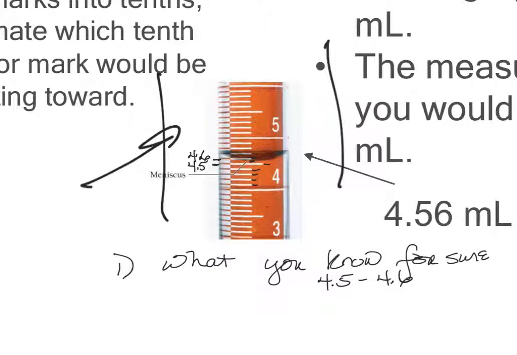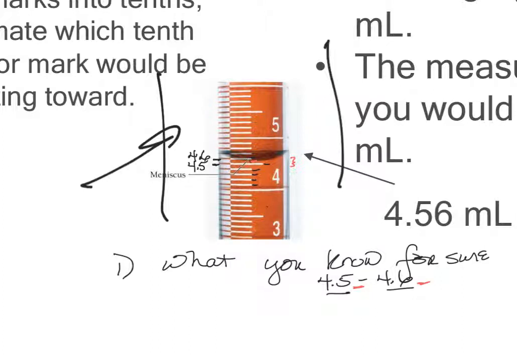Okay. When you determine the number of digits that you know for certain, you're going to add one more digit to the far right. So you're going to add one more digit here, and that is going to be the digit in the measured value that has some uncertainty. And so that's going to vary depending on the person who's measuring it. So now what you want to do is you want to look back in between those increments you've decided it's in between, and you want to estimate where the bottom of that meniscus lies relative to those two lines.